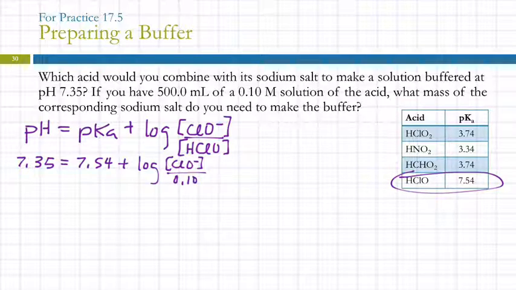I'm going to take 7.35 and subtract the 7.54. So I get negative 0.19 is equal to the log of these two things.